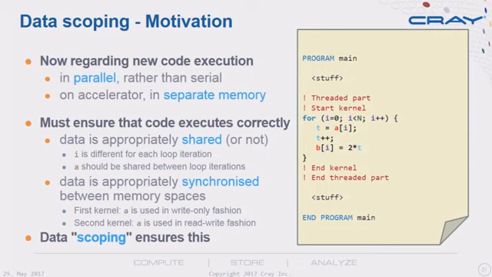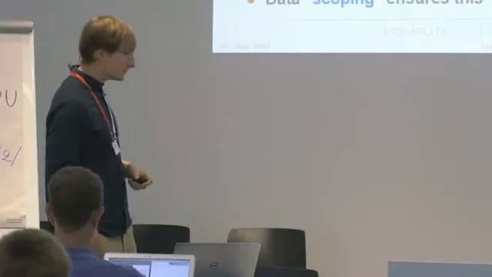We want to avoid race conditions, so that multiple threads act on the same data in a manner we don't want to. So we need to take care especially of the shared data. And then we also have to think of synchronization. As already mentioned, the global synchronization will just happen at the end of our kernel here.